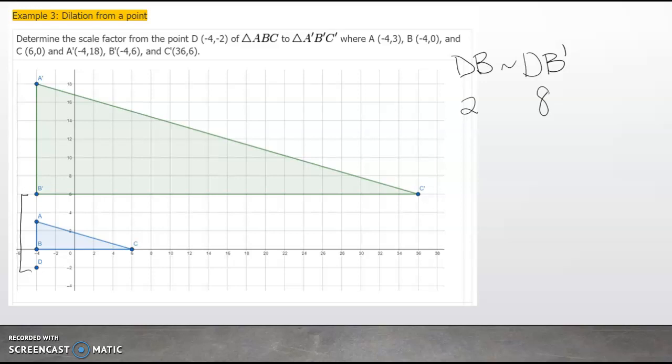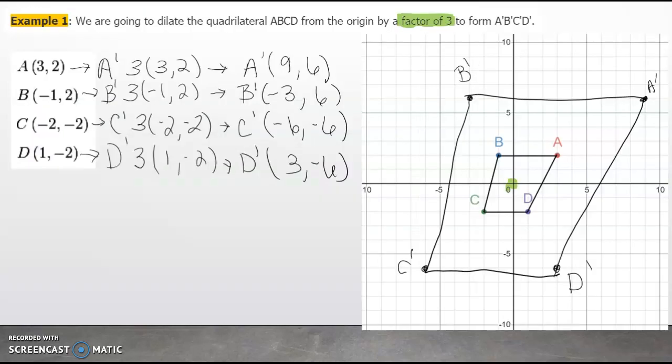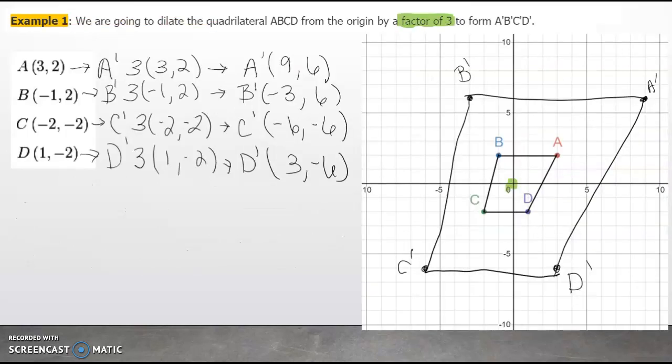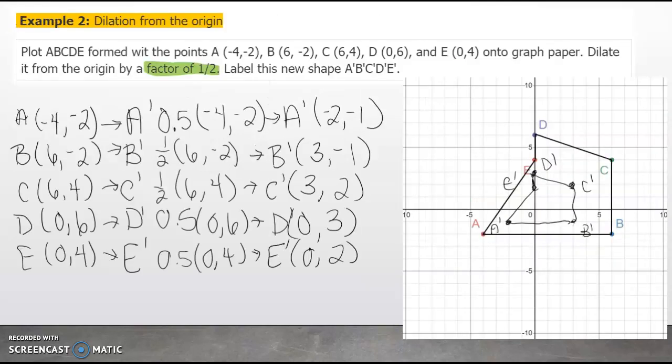I want to find a relationship to get from the small triangle to the large triangle. Since I'm dilating from the small triangle to the large triangle, my dilation factor will have to be bigger than 1. Because remember, the factor was 3 when my shape got bigger. It was 1/2 when my figure got smaller. So in order to get larger, I want a whole number and not a fraction.